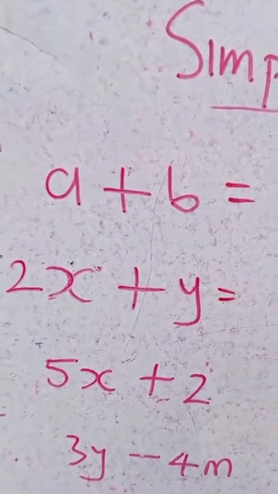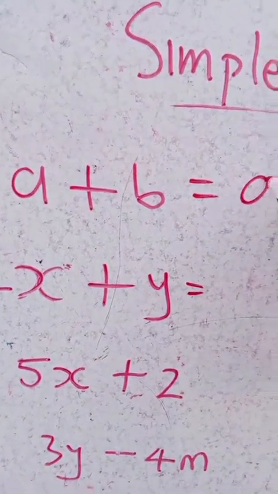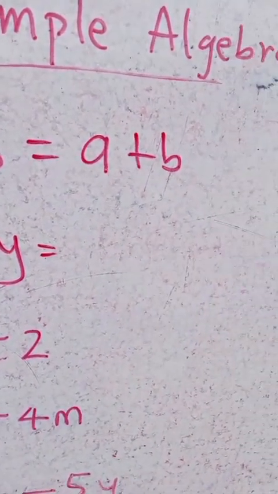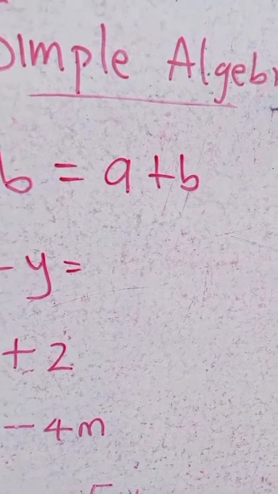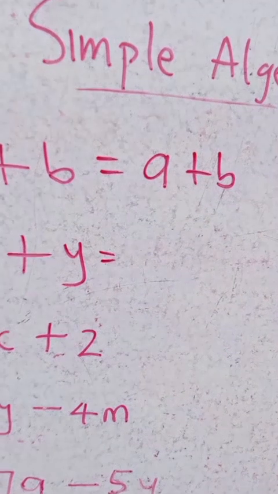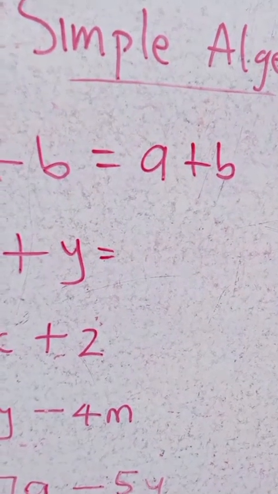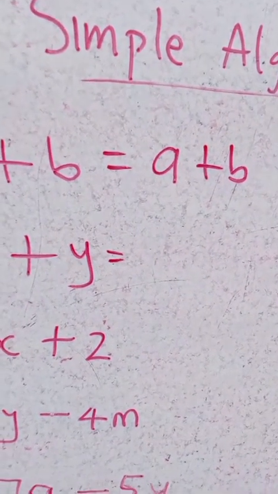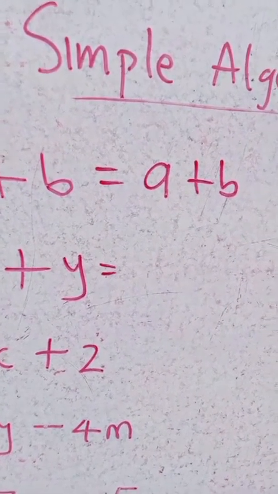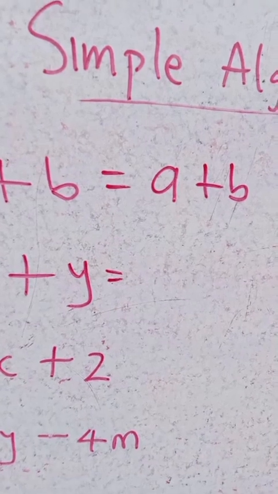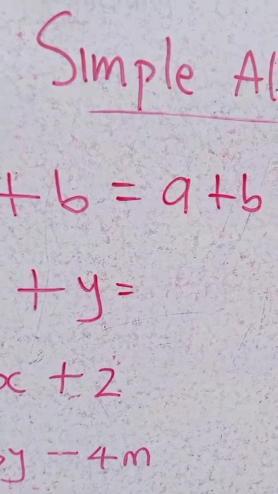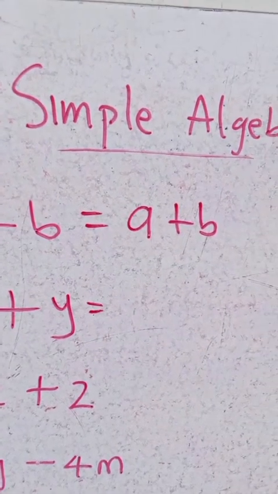So A plus B will still be A plus B. You leave it the way it is because they are different. You cannot add it. That's the rule. You cannot have two goat-dogs.